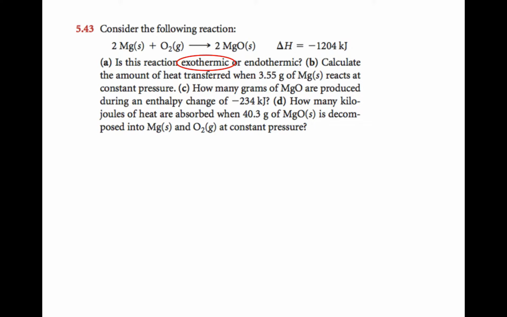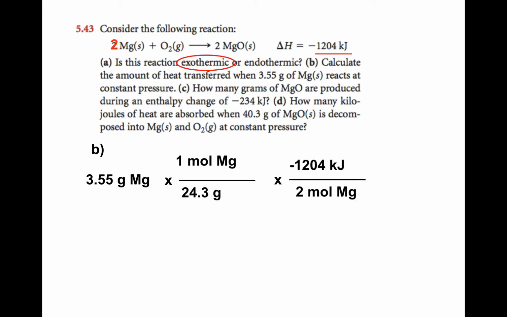All right, so with thermochemical equations, we get a new conversion factor. So they want to calculate the amount of heat transferred. If they give us grams of magnesium, the molar mass of magnesium can be used to convert to moles. And now the new conversion factor: according to the balanced equation, for every 2 moles of magnesium used, you're releasing 1,204 kilojoules. So that's my conversion factor.